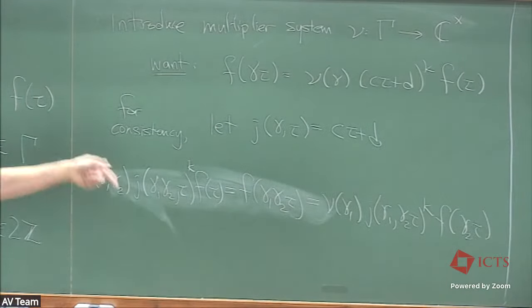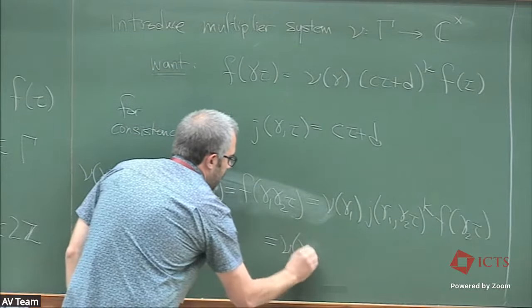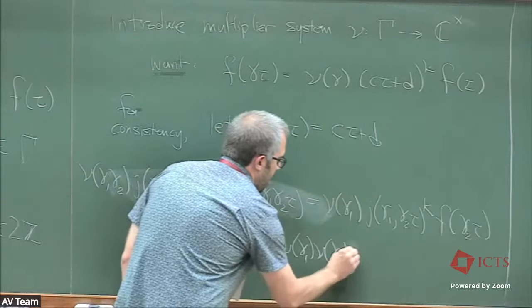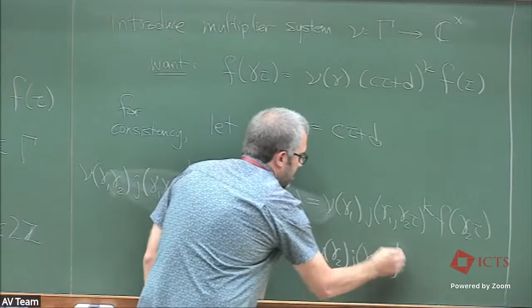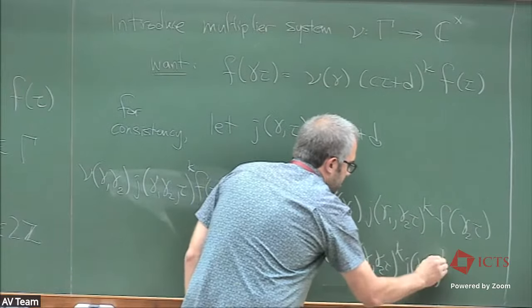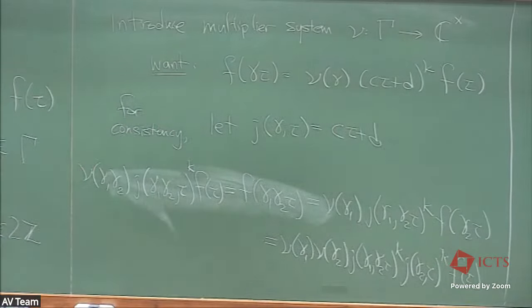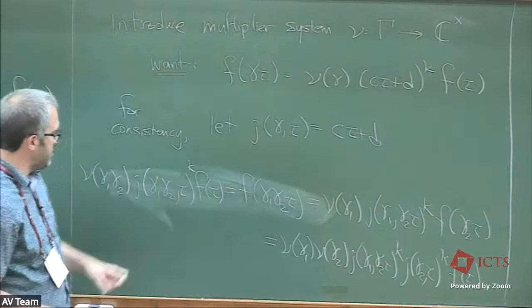Now I'm going to do it again with gamma 2. I should get nu of gamma 1, nu of gamma 2, and then j of gamma 1 gamma 2 tau to the k, and then j of gamma 2 tau to the k, f of tau. Okay, and since there's an f of tau on both sides, if f of tau is not 0, we will divide by it.